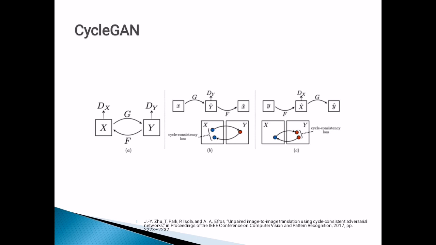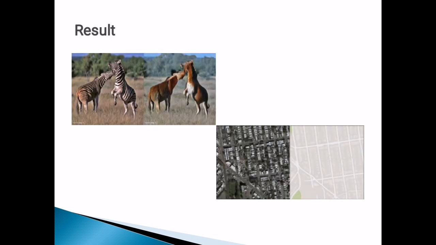So it could prevent something too real in picture A, which could be totally unrelated to picture B, from being generated in picture B. The results look like this. We could change zebras to horses, and we could change satellite images to Google Map images. You can see that only objects that share similar features in the two images would change style.